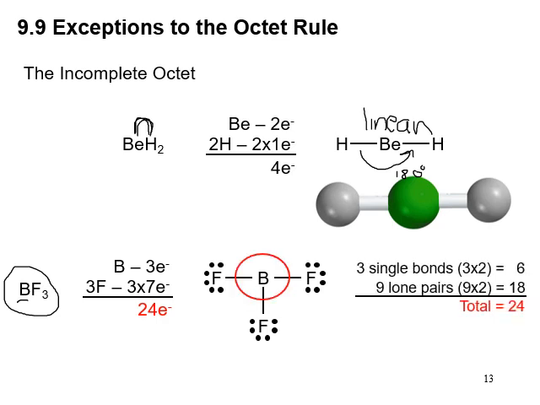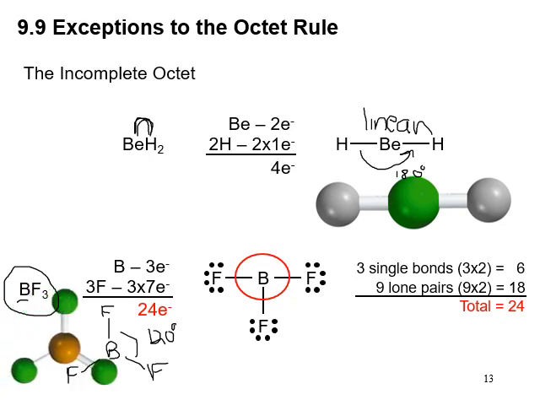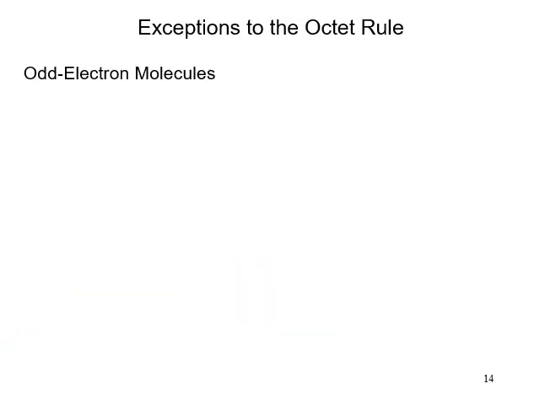There's your total. Boron now has an incomplete octet. Boron's shape for this molecule is called trigonal planar, and it would make sense that instead of being drawn like that picture, it's drawn like this, trigonal planar with angles of 120 degrees between the atoms. And there's a picture of it.